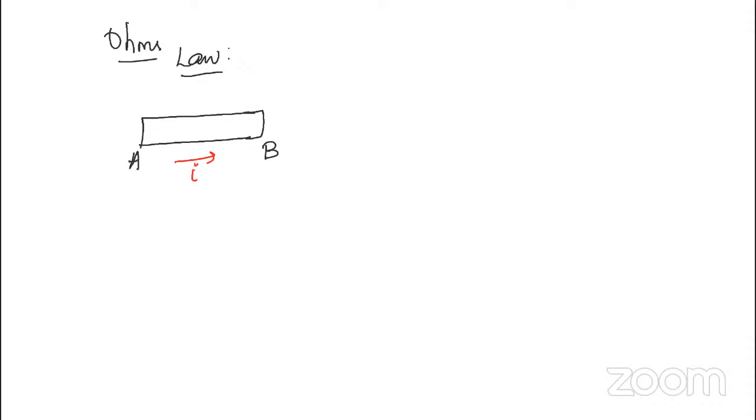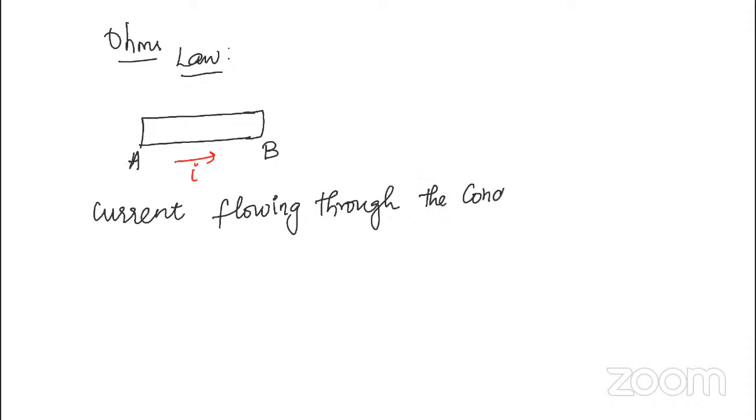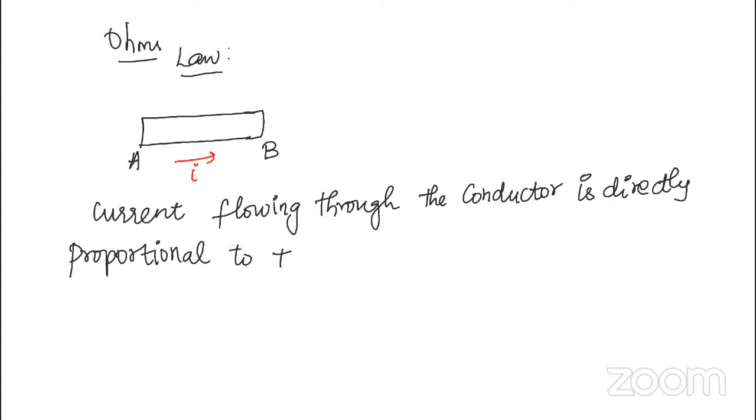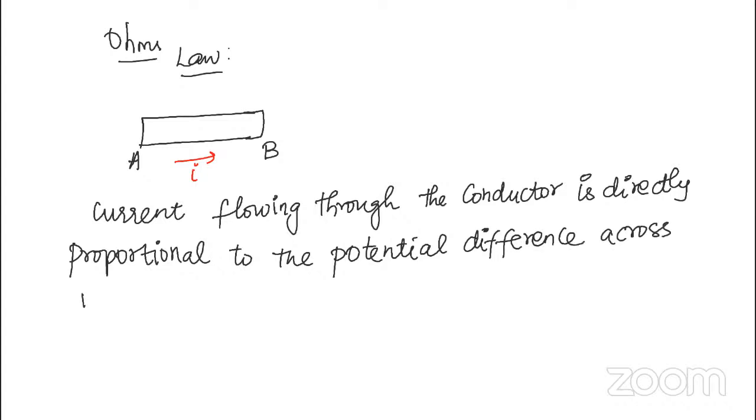According to Ohm's law, the current flowing through the conductor is directly proportional to the potential difference across its two ends.